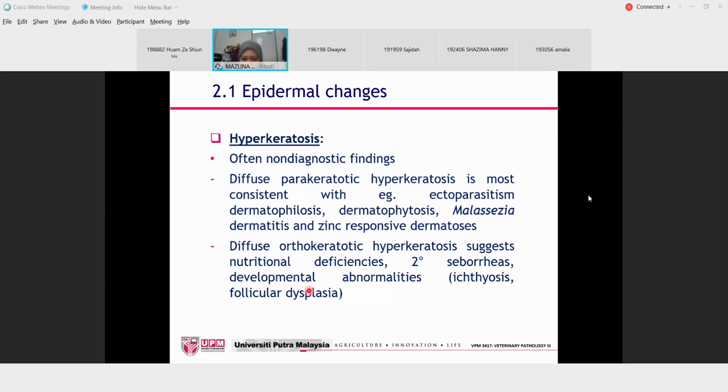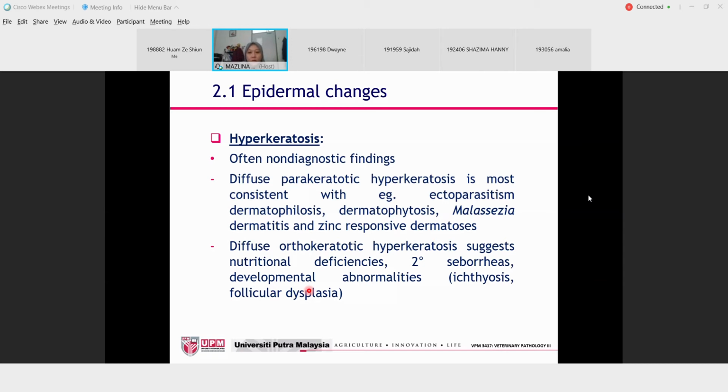Don't worry so much about these diseases because they will be covered in more detail in the following lectures according to the title of the lecture, like for viral diseases, it will be covered in lecture 6 and so on.